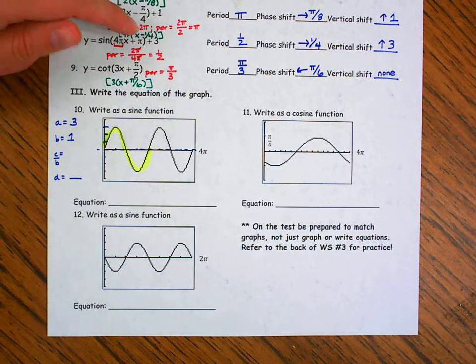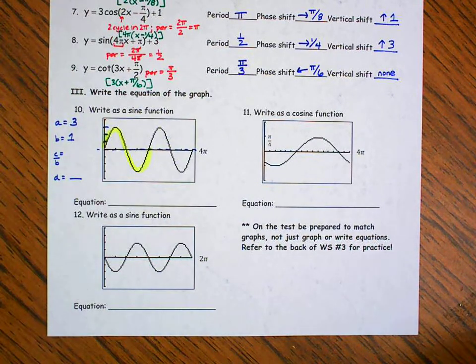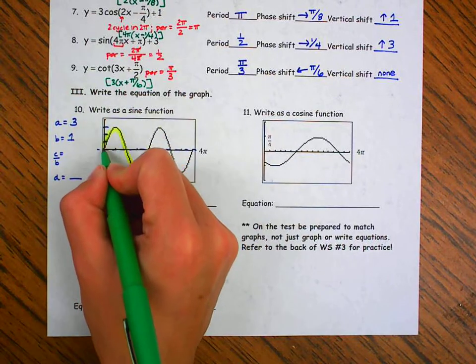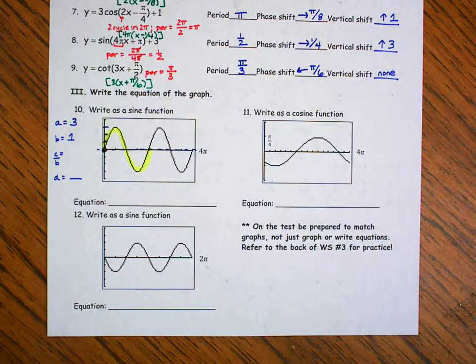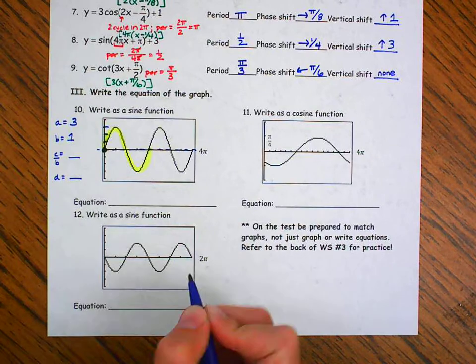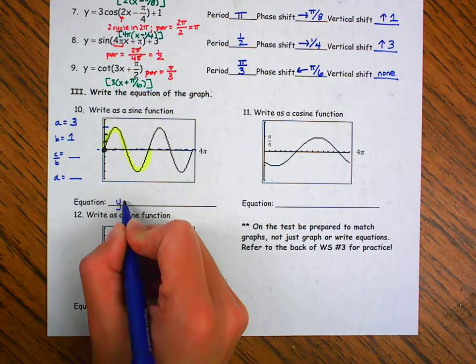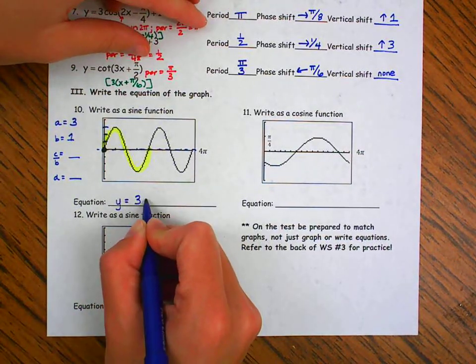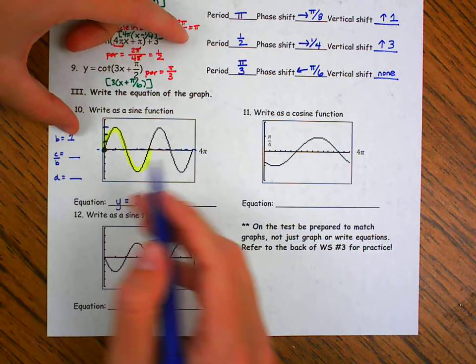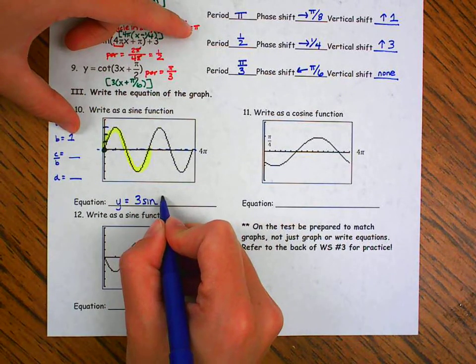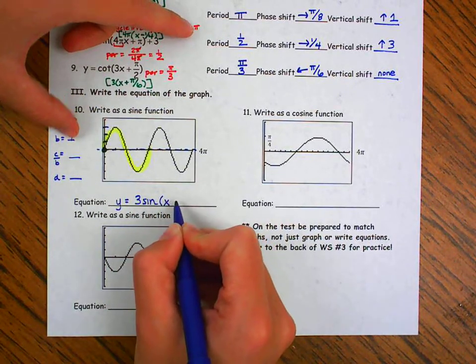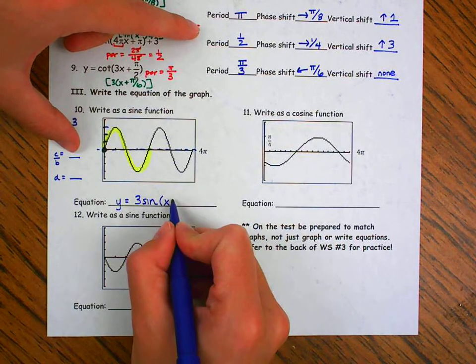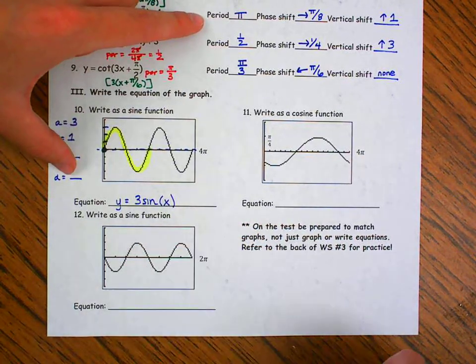My phase shift has to do with where I started. Well, sine starts at the center line. This starts at the center line, so there's no phase shift. So my equation is going to be y equals 3 sine, that goes in front of the x, so 1x minus nothing, plus or minus nothing.